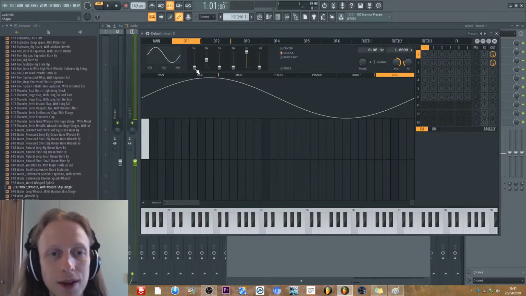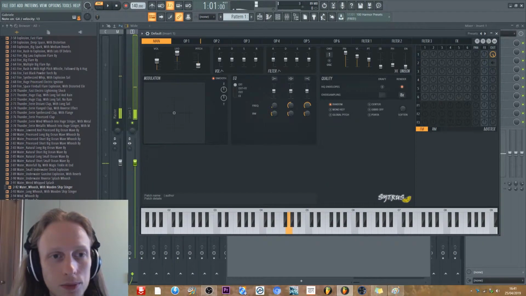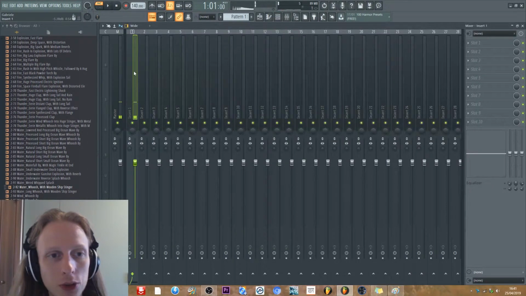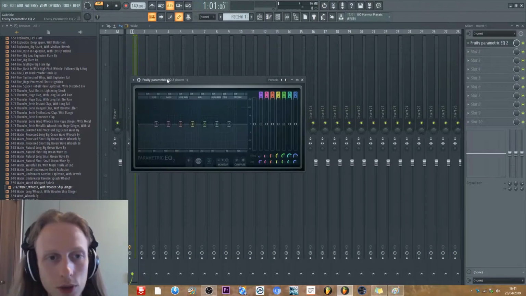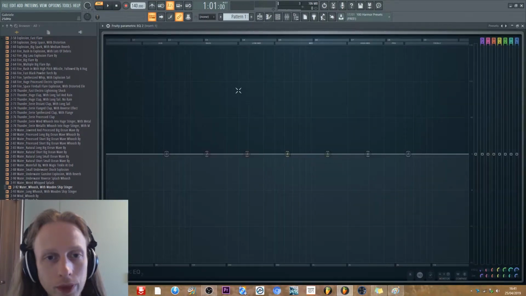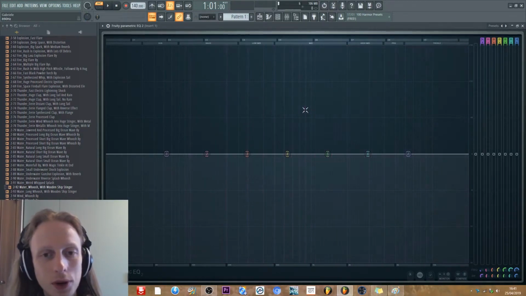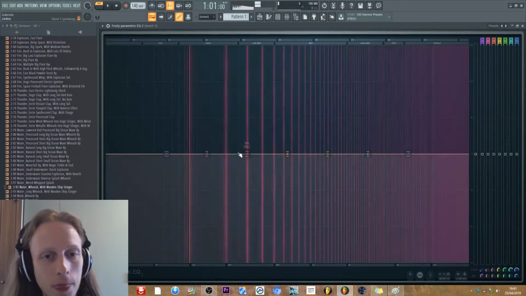For example, if I have a sawtooth wave, so this kind of wave, and I use an equalizer, in this case I'm using Pro-Q 2, I can see all these frequencies. These frequencies are harmonics, okay?